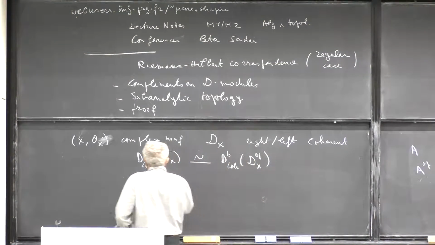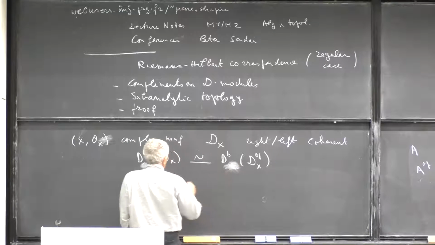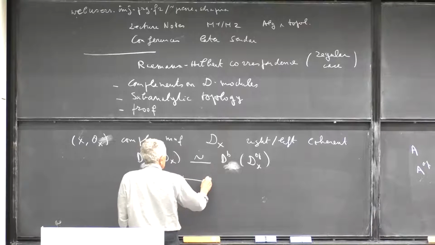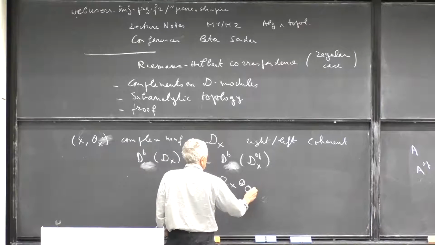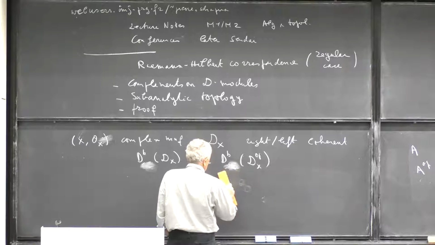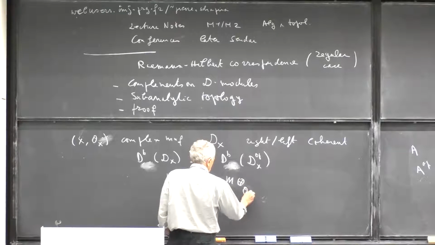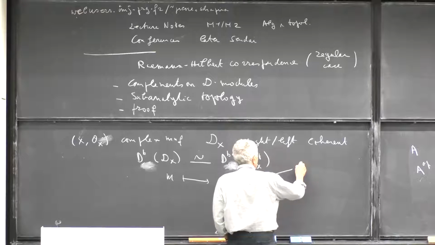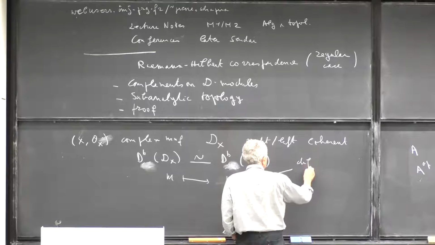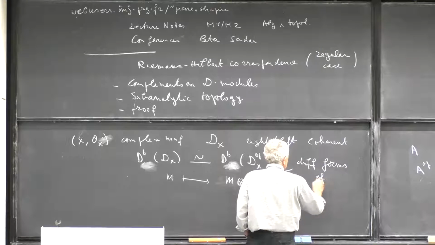And this equivalence is given, even not coherent, by: to M you associate omega X tensor M, where omega X is the sheaf of differential forms of maximal degree.